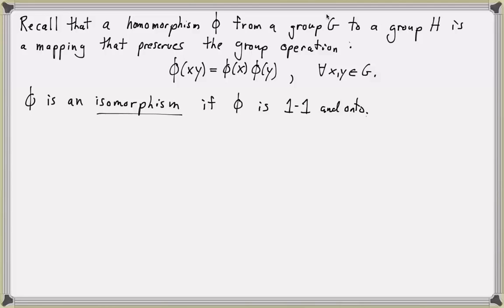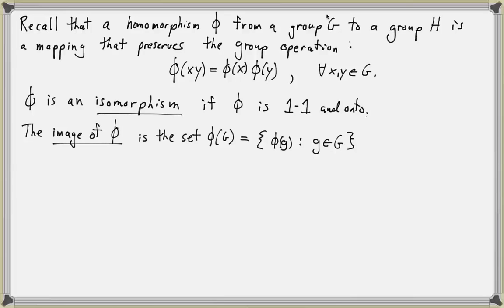Some other definitions that we want to recall: the image of phi is the set written phi of G. This is the set of all images phi of little g such that g is in the group G. The kernel of phi is the set of all elements of G that get mapped to the identity.